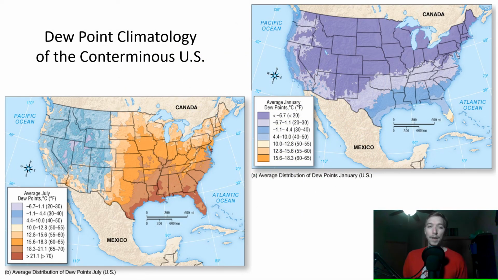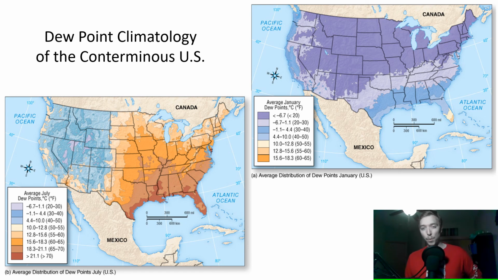And here we can see an example of dew point climatology within the conterminous or lower contiguous United States. So in average July dew points, we see sub-zero dew points throughout much of the west. So very dry air, as we're thinking of it, throughout much of the western portion of the United States versus higher dew points along the Gulf Coast and increasing latitudinally throughout much of the eastern portion of the US.